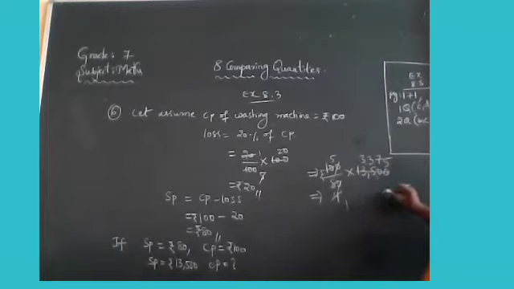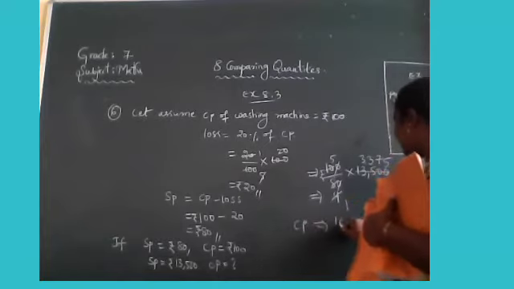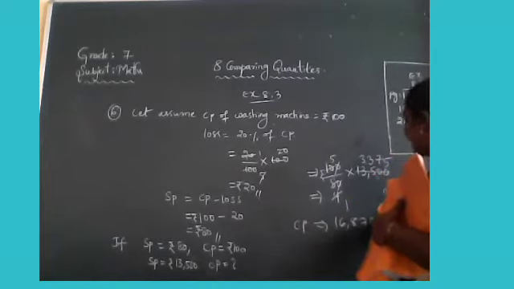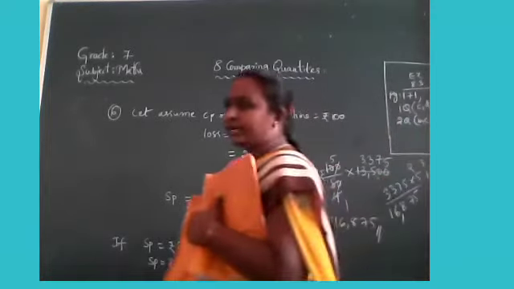Now multiply 3,375 into 5. 5 5s 25, 5 7s 35 plus 2 is 37, 5 3s 15 plus 3 is 18, 5 3s 15 plus 1 is 16. So what is the cost price of the washing machine? 16,875.